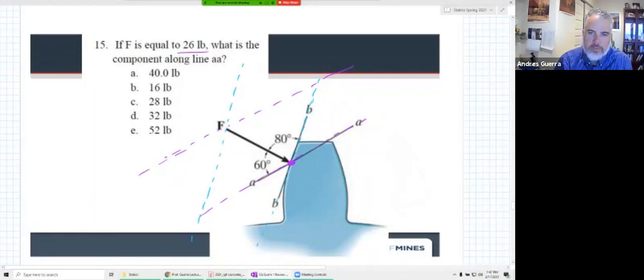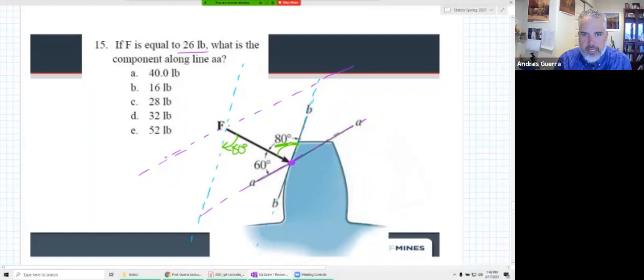And so with that parallelogram, we can now go into our corresponding angles and figure out, okay, this 80 degrees is from a black line to a blue line. Where else do I have a black line to a blue line? Oh, there's one, so that's got to be 80 degrees right there. I've got my 60 degrees, that's from a black to a purple.